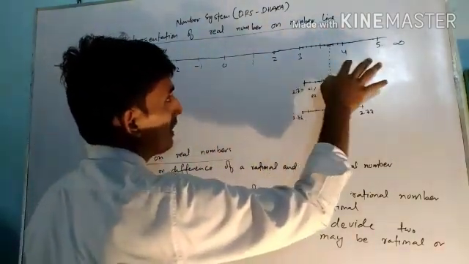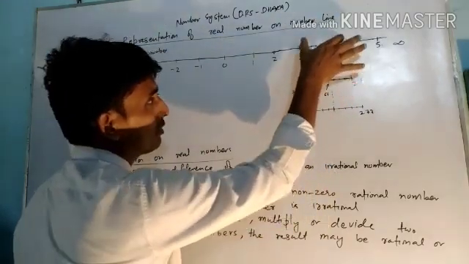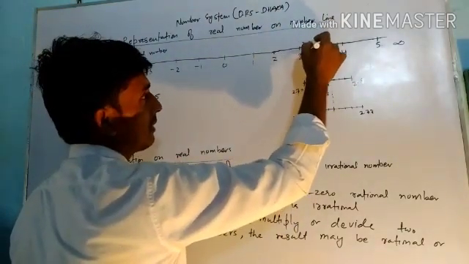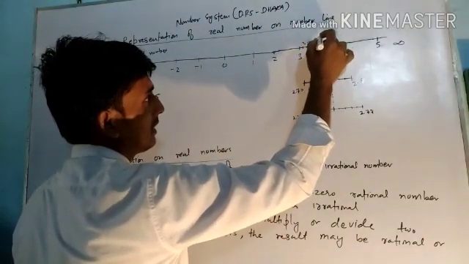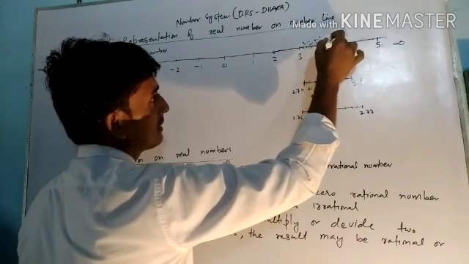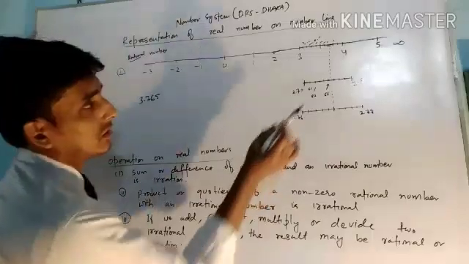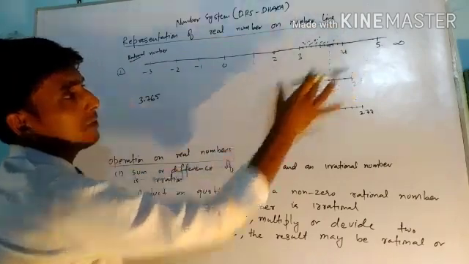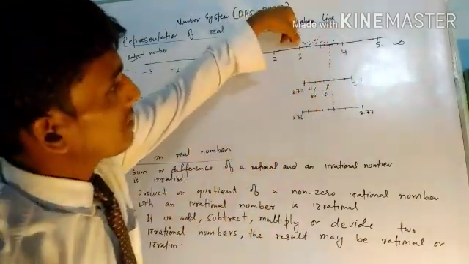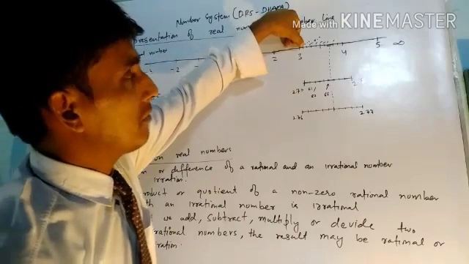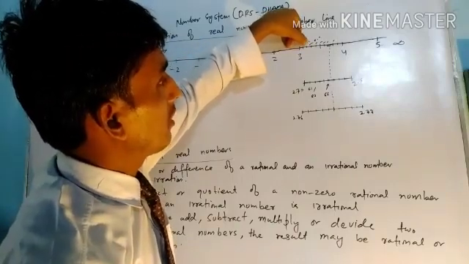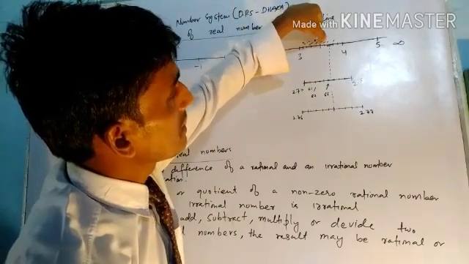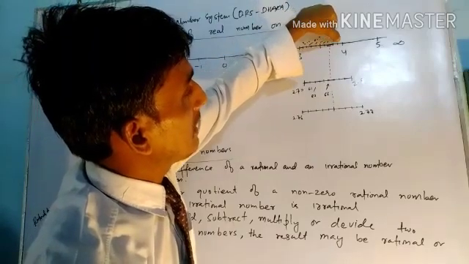If you divide the gap between 3 and 4 into 10 equal parts, the first mark will denote 3.1, then 3.2, 3.3, 3.4, 3.5, 3.6, 3.7, 3.8, 3.9 and this is 4.